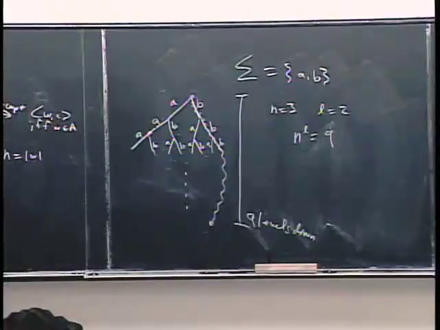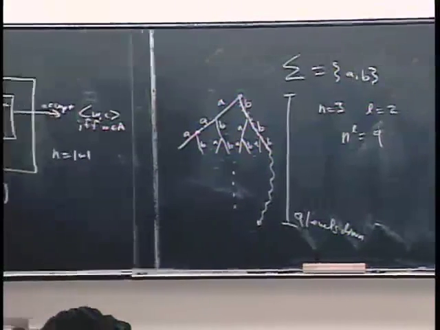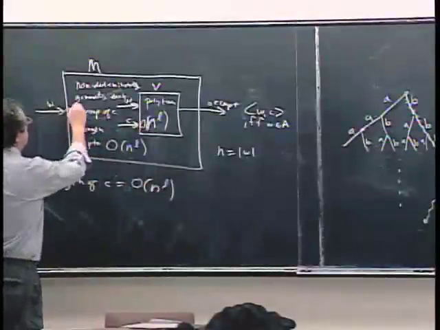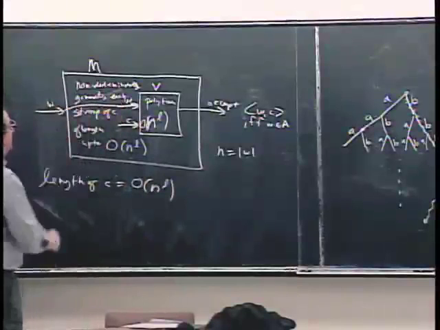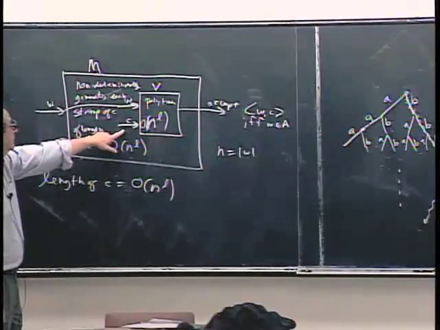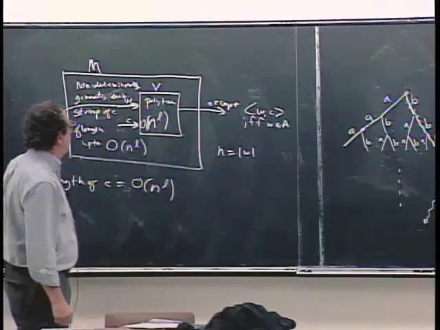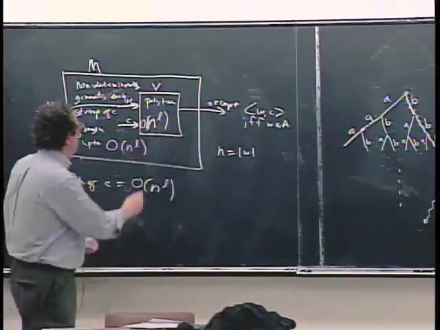And having generated that string, it feeds it into the verifier. So it feeds in W, that it came in from here. It feeds in C, and then we have the Polynomial-Time verifier.